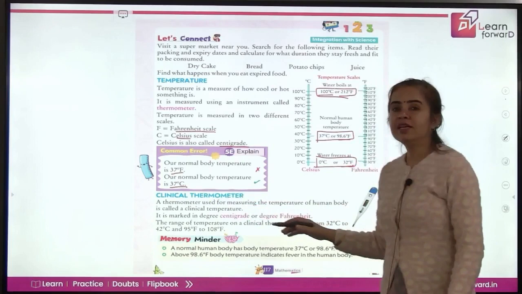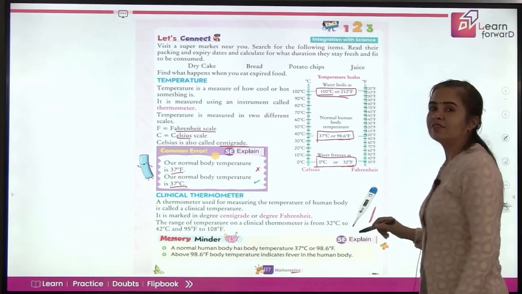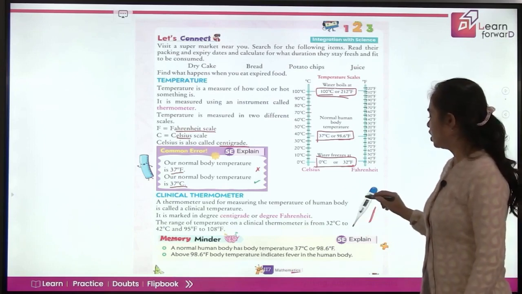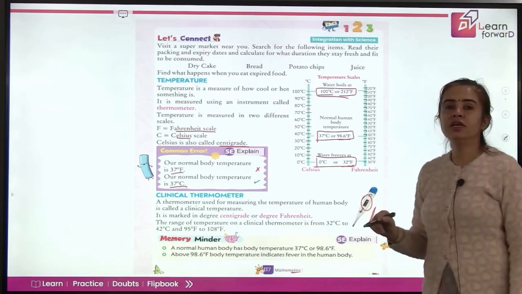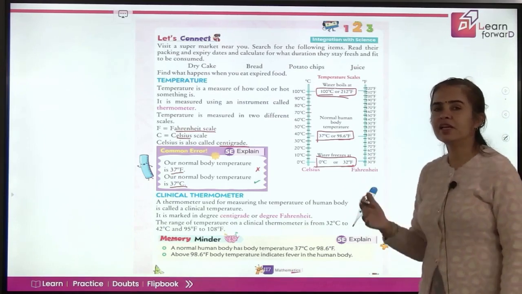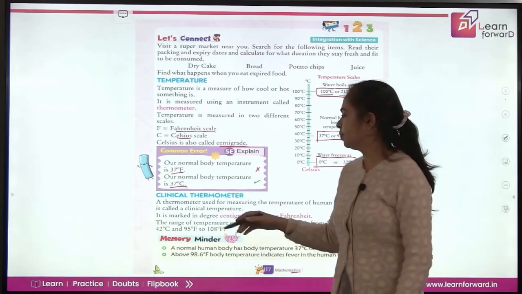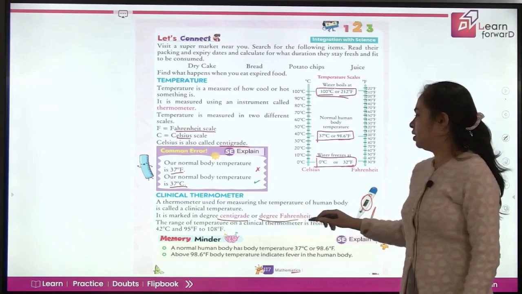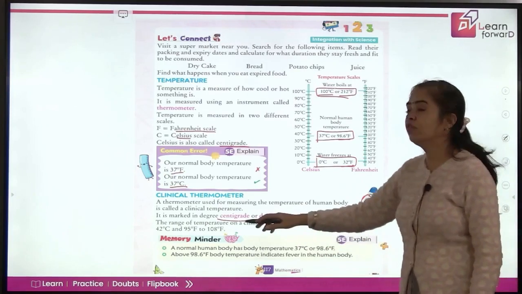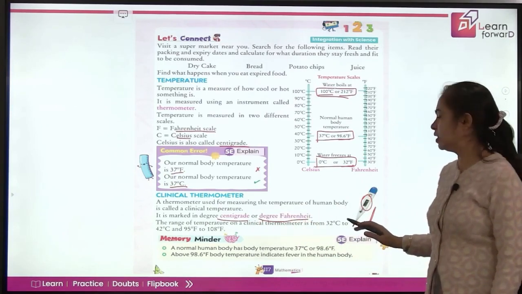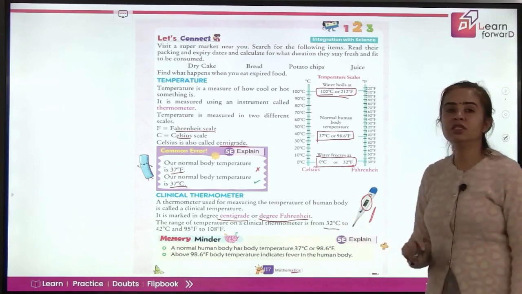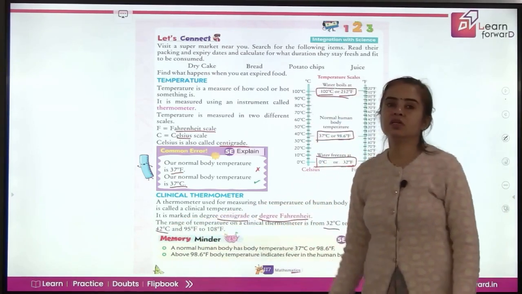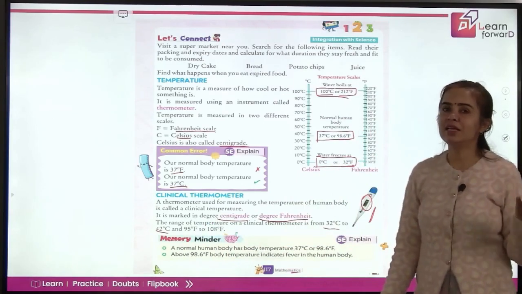Now we have the clinical thermometer. Most of you would have seen this. This is called the digital thermometer, on which you get the temperature reading displayed on the screen, just like you have your digital watches. It is marked in degree centigrade or degree Fahrenheit, and the range of this clinical thermometer is from 32 degrees centigrade up to only 42 degrees centigrade, for just 10 degrees centigrade.